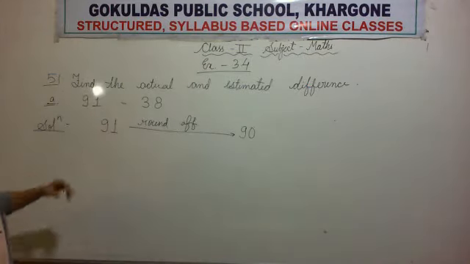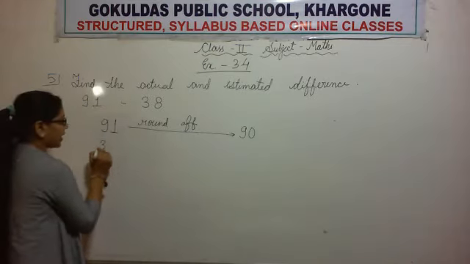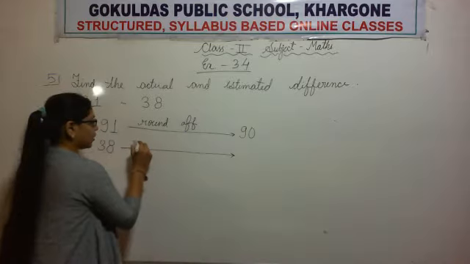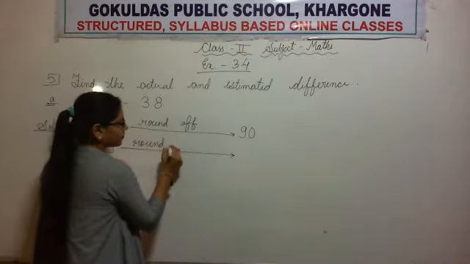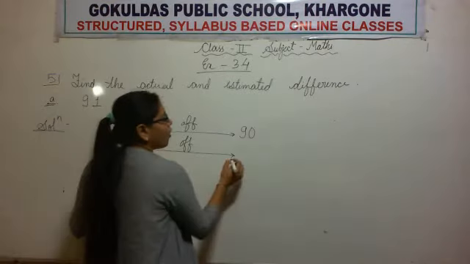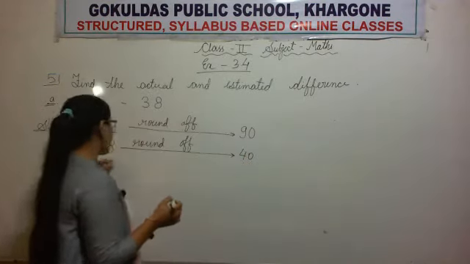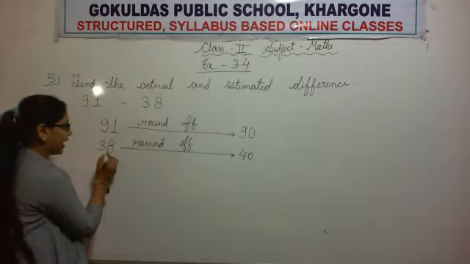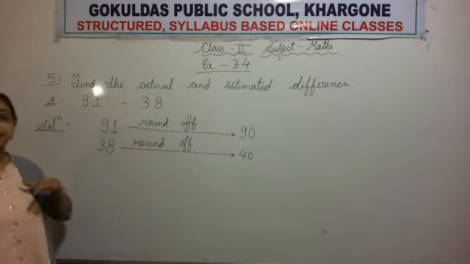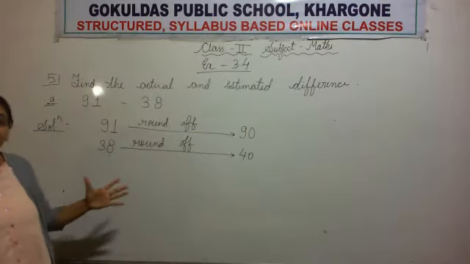Okay. Now, the next number is 38. We will round this off. After rounding off, 38 will become 40 because the ones place is having 8 and 8 is greater than 5.